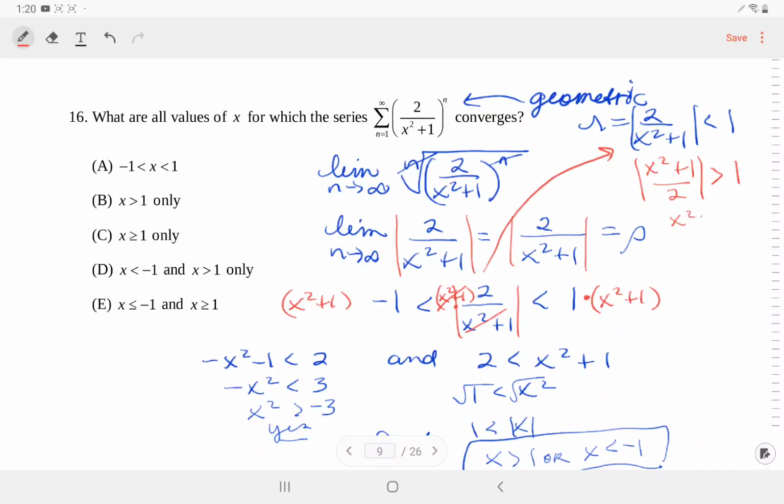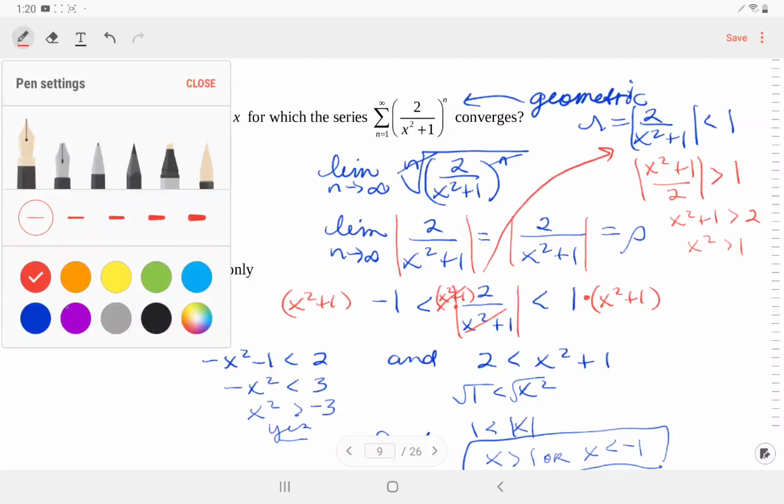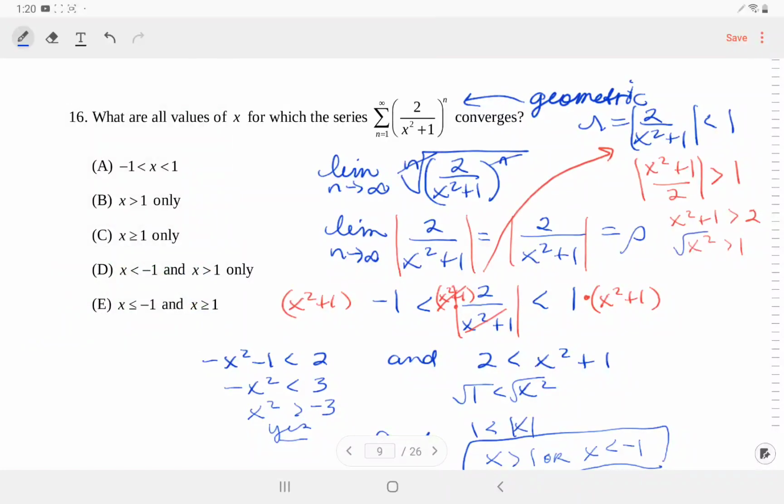Okay, and then multiply both sides by 2. And then x squared greater than 1. And then square root both sides. Absolute value of x greater than 1. X greater than 1. And then we get this. And x less than negative 1. Is that an and or an or?